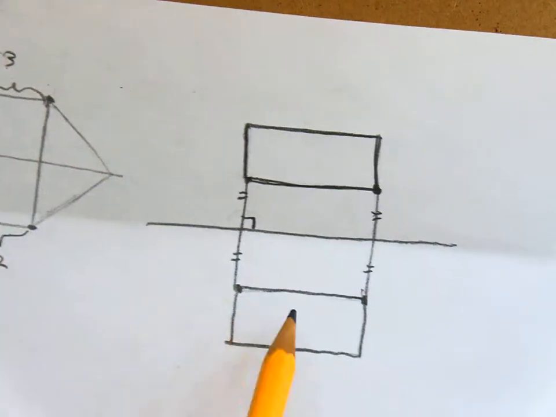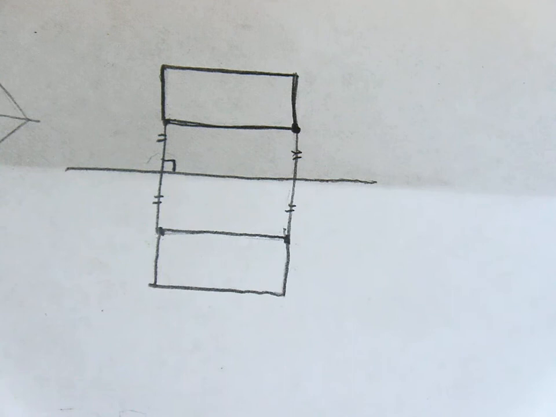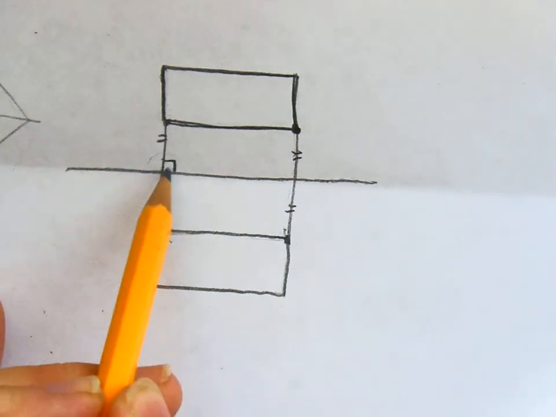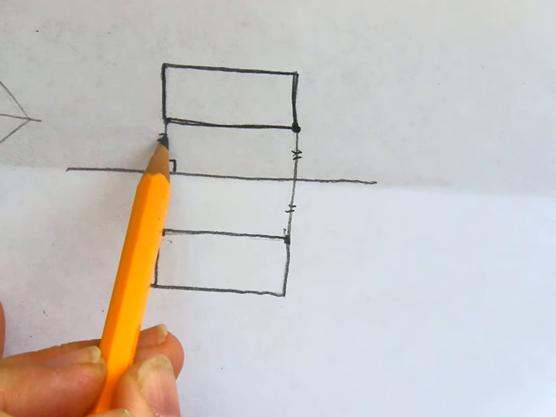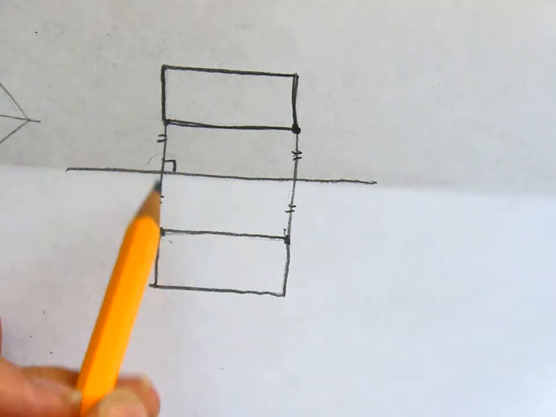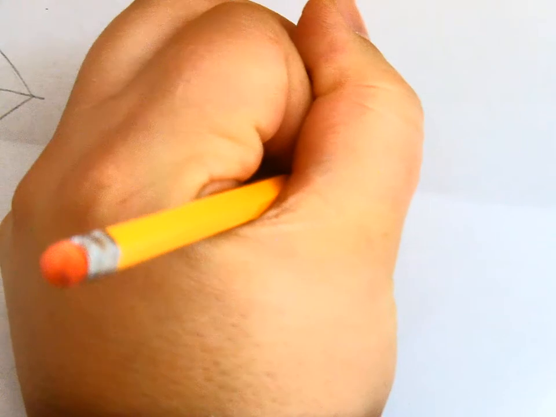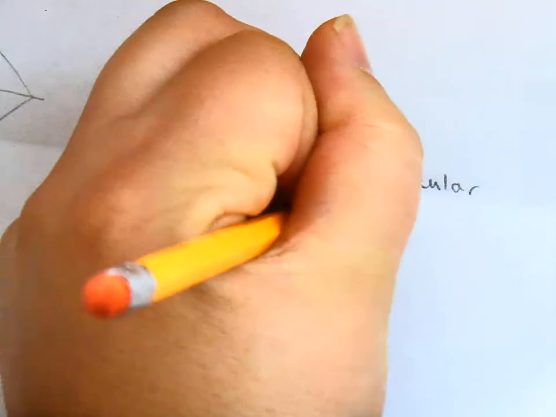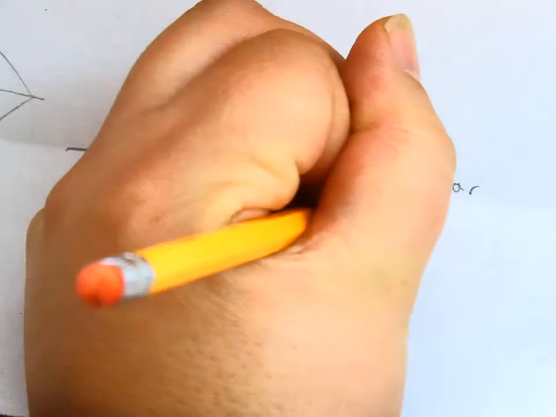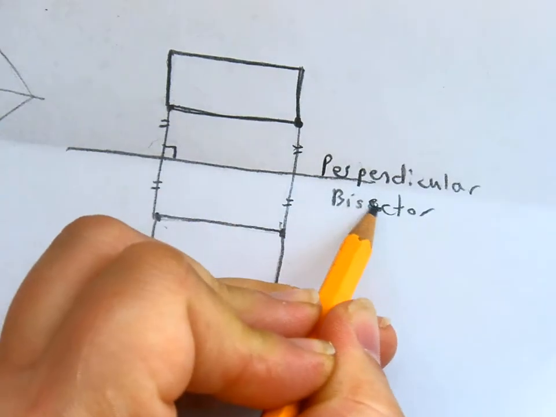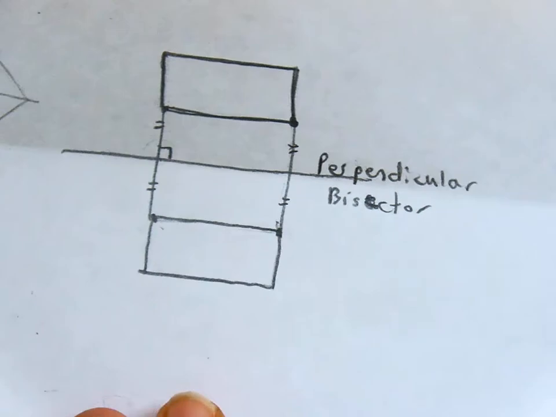We're going to touch on a vocabulary word that we used in the past: lines that intersect at 90 degrees and cut something into two congruent pieces, or bisect it, form the perpendicular bisector. Go ahead and write this down on your paper, because that's part of the notes and the comprehension.